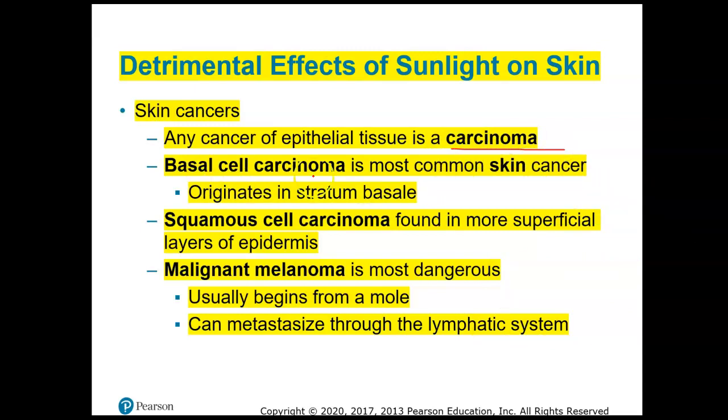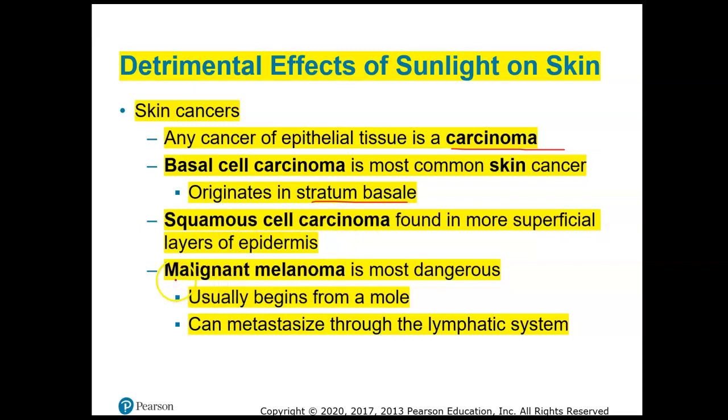So you can have basal cell carcinoma, which originates in the stratum basale, and this is the most common type. You can have those removed, and they're generally not terribly dangerous. And you can also have squamous cell carcinoma, which is found closer to the stratum corneum.